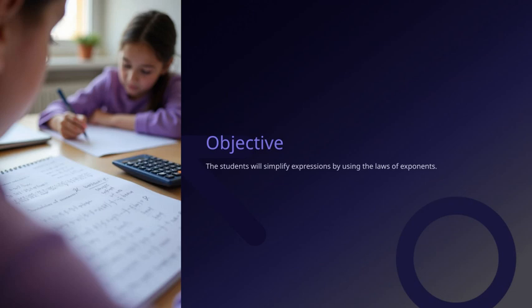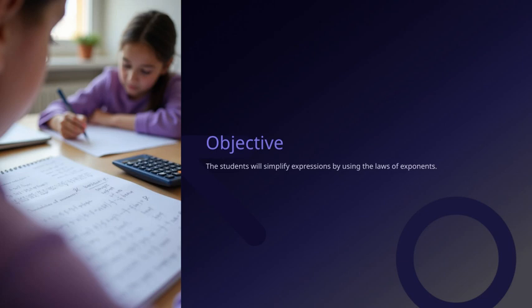This is a key skill because it helps us work with more complex algebraic expressions more easily. When we talk about simplifying expressions, we're essentially making them shorter and more manageable while keeping their value the same. The laws of exponents give us specific rules to do this efficiently, such as when to add, subtract, or multiply exponents.